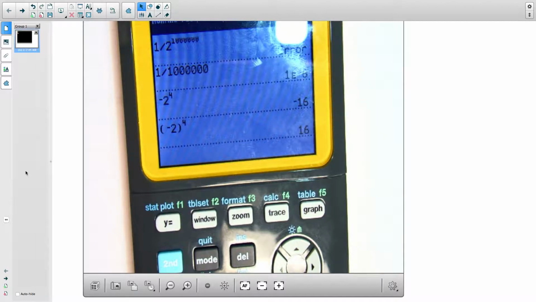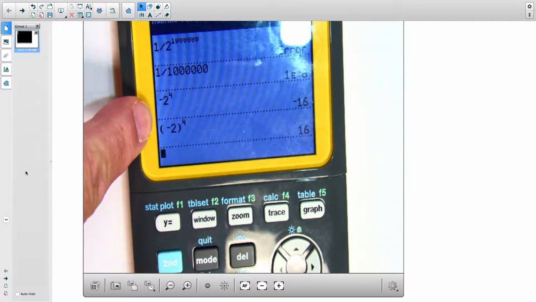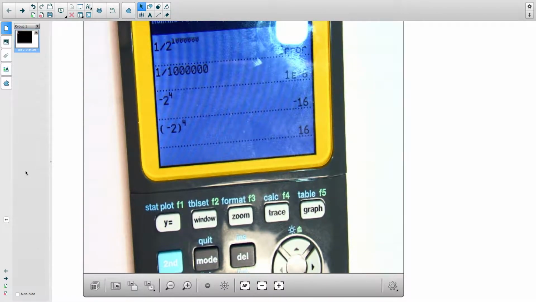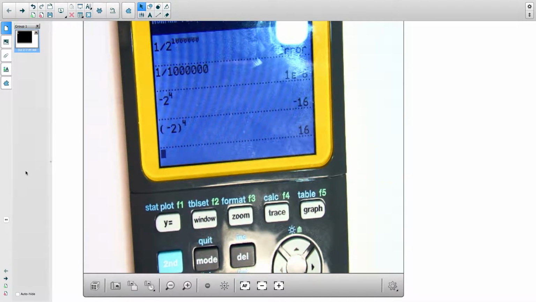What is being raised in this top one? What's being raised to the 4th power? Just the 2. The negative is not. Many students will put a negative 2 to the 4th in the calculator, and they'll get a negative 16. They're going, but this is supposed to be positive. Because if you want to raise a negative number to a power, you have to put that whole thing in.